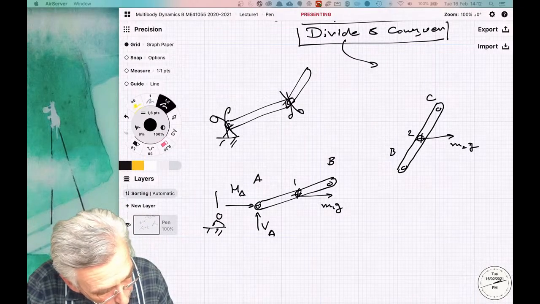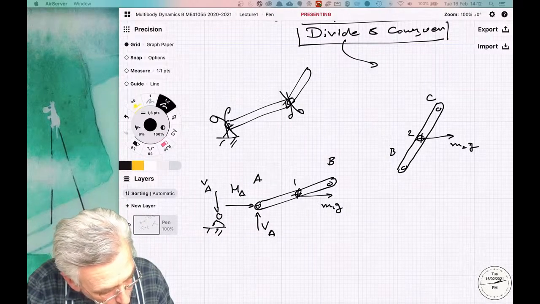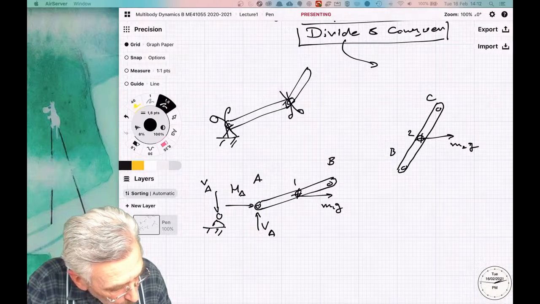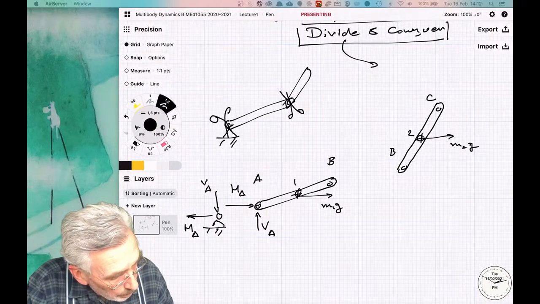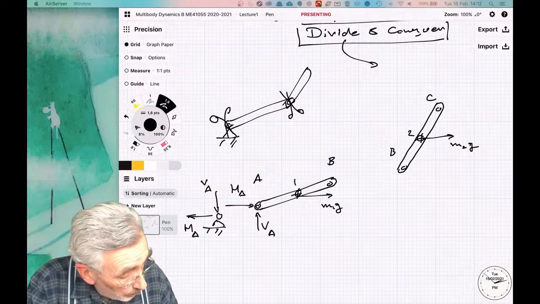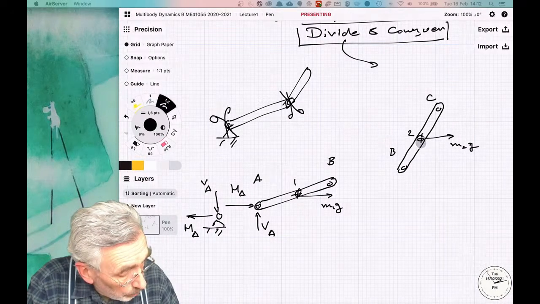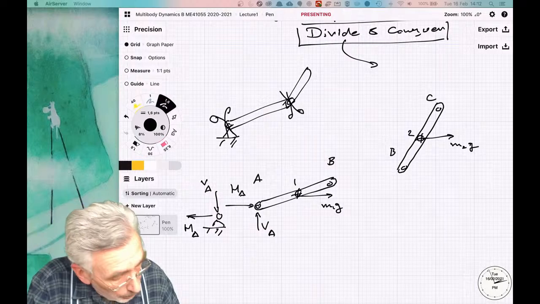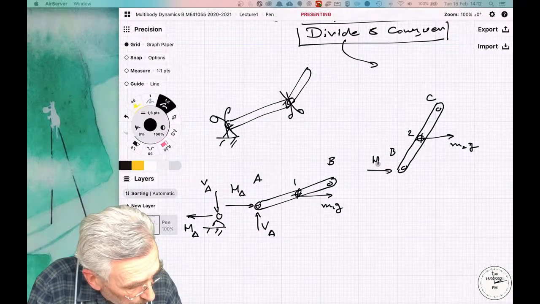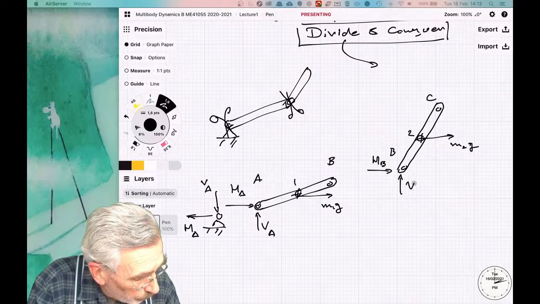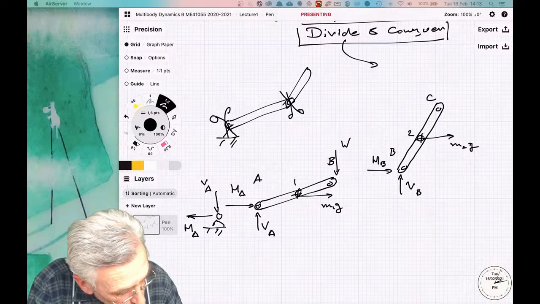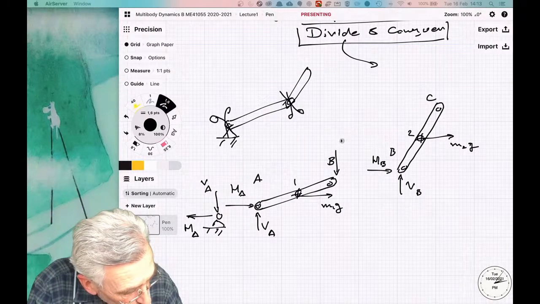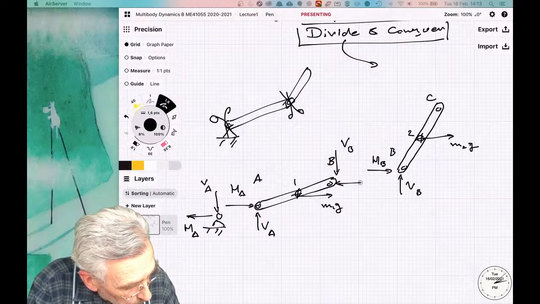And likewise, there's this vertical force in A on the support, and this horizontal force on the support. Same here, body 1 is acting on body 2 by a horizontal force in B and a vertical force in B. And again, the same vertical force in B and horizontal force in B.